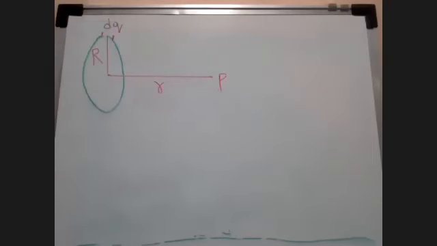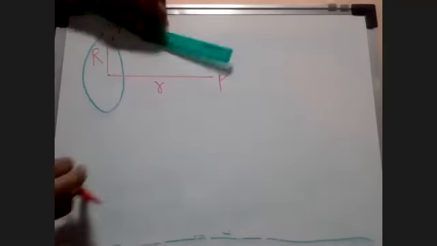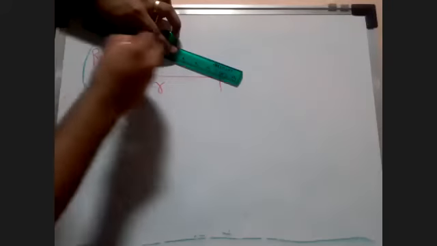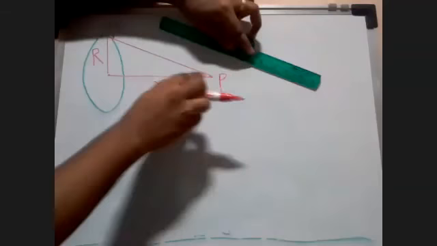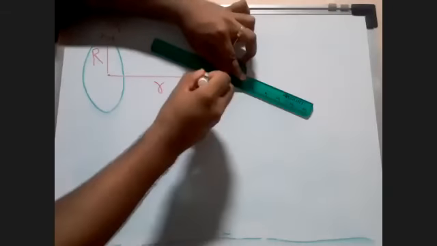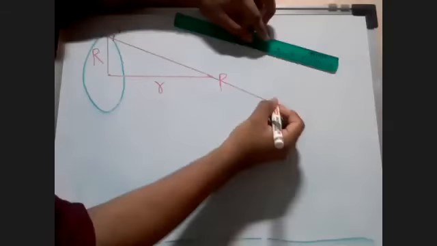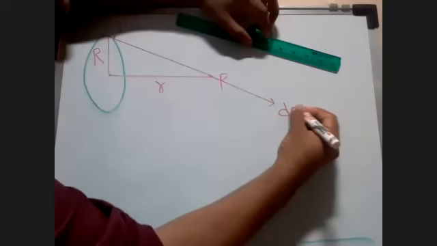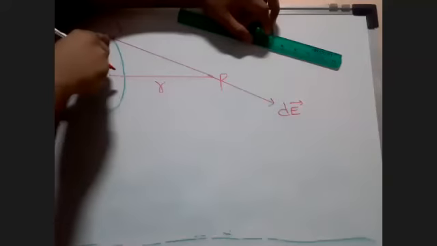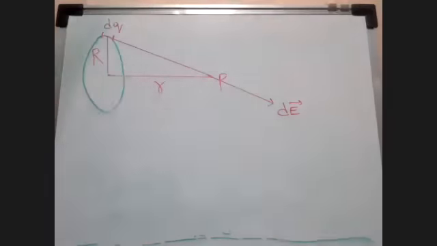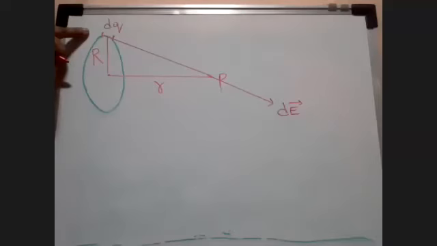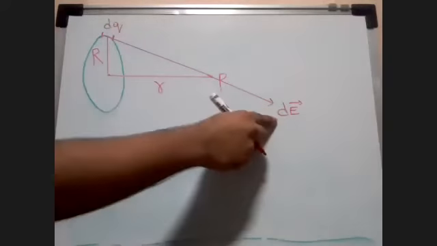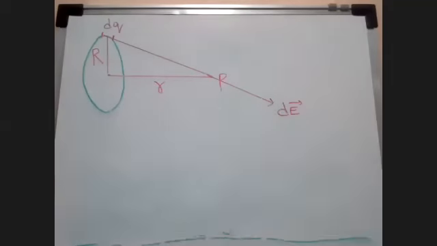This dq is going to produce a certain amount of force on this point, along this direction, and this will be dE. Why is it dE? Because you are taking dq. If you take a small amount of charge and find the electric field intensity due to it, it would be a small amount of electric field intensity also. I hope you're understanding this.